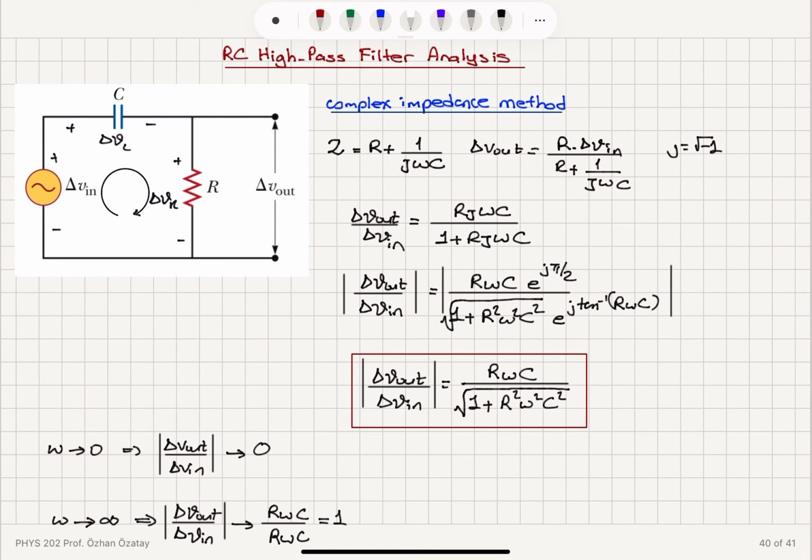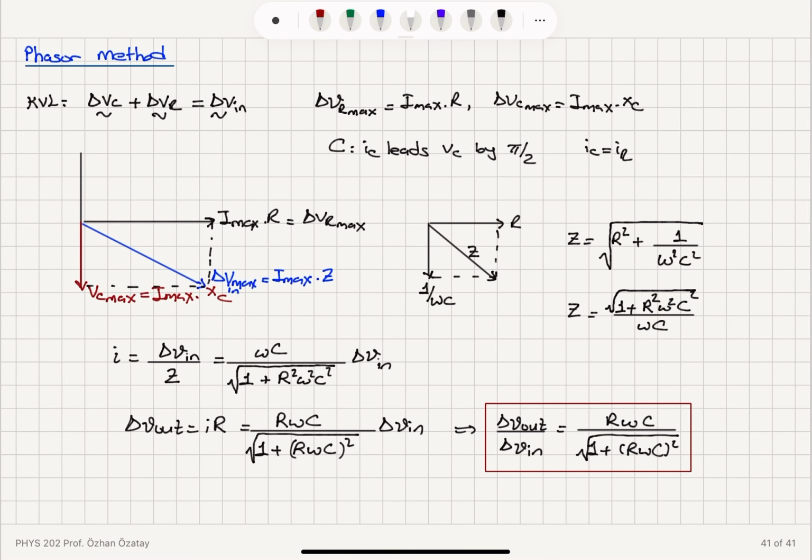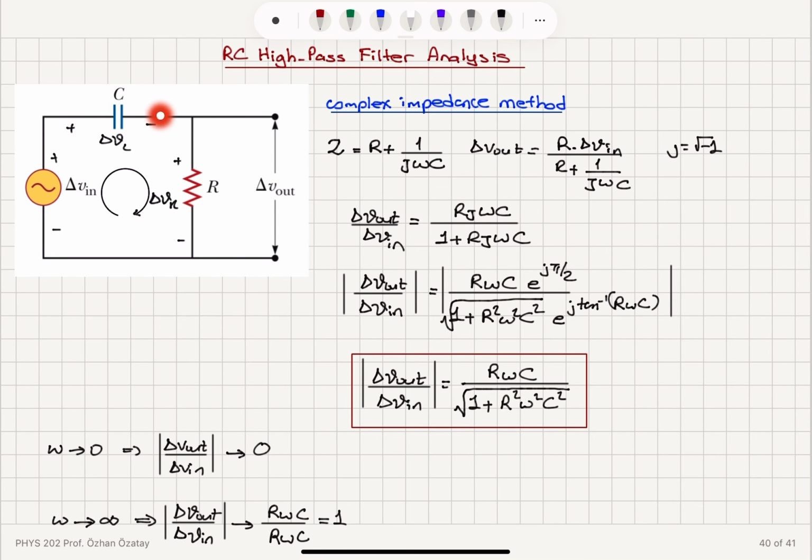And using the series connection of two complex impedances, the output voltage will be R times delta V in divided by the total complex impedance, R plus 1 over j omega C. And when we look at the magnitude of this ratio, we see that it is the transfer function R omega C over square root 1 plus R squared omega squared C squared.